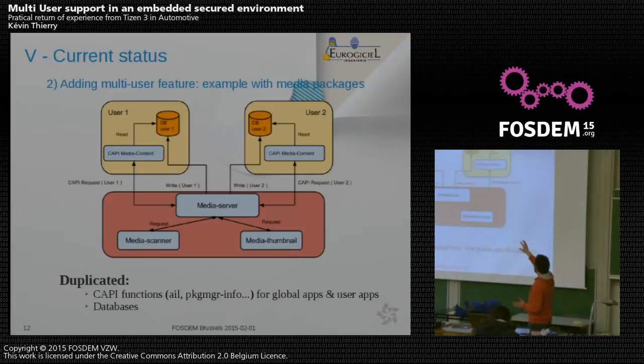It was as if we had only one user, and everybody was using the same database. Just for information, the media server manages your media library. The media scanner just scans for your files, and the media thumbnail creates miniatures of the media you have.